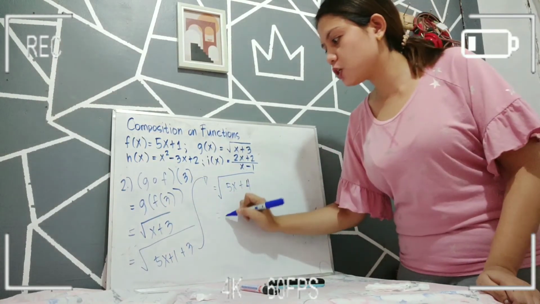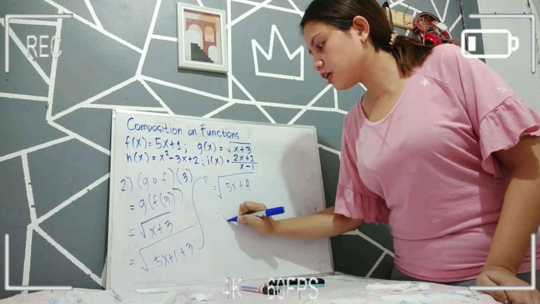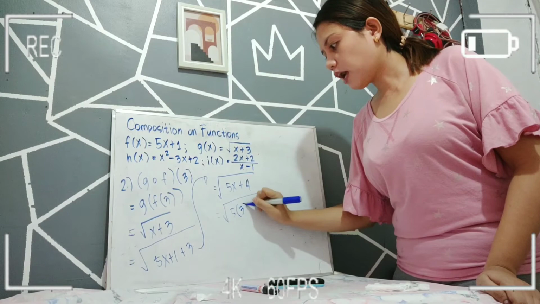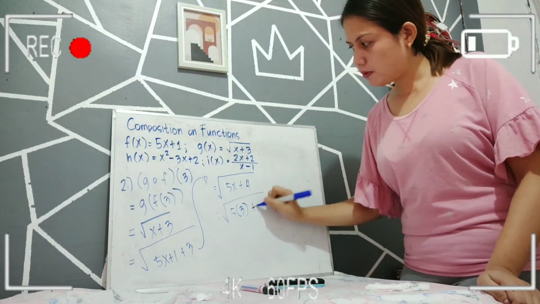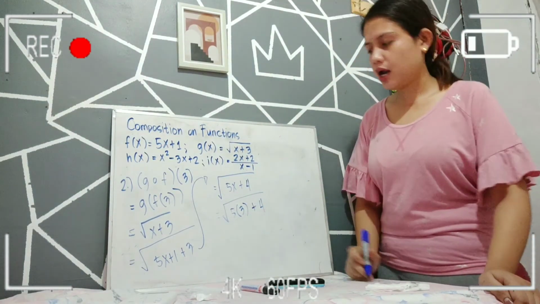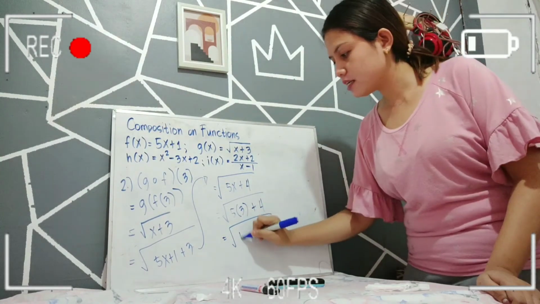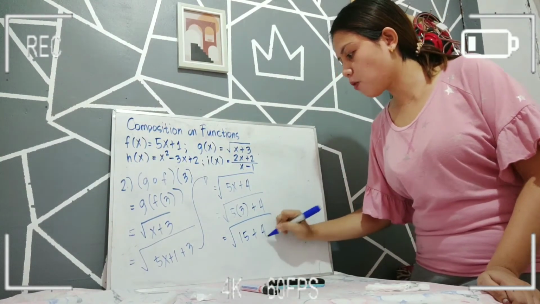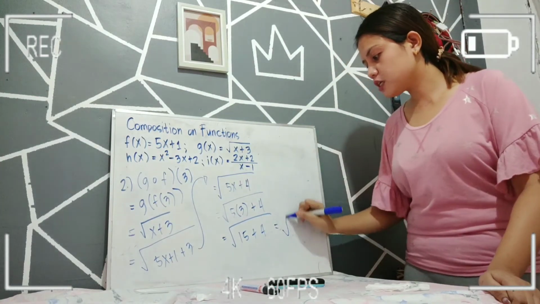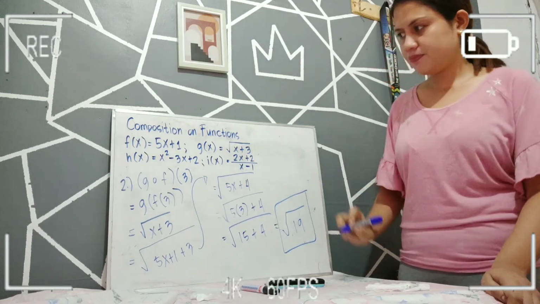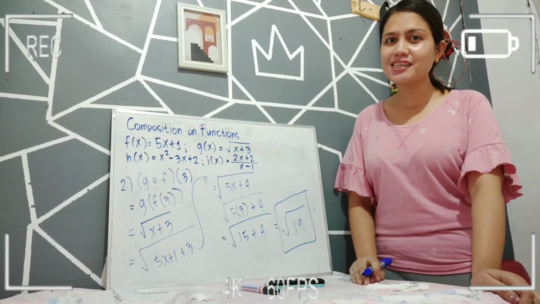Instead of writing x, you change it by 3. So you have 5 times 3 plus 4. So you have square root of 5 times 3 is 15 plus 4 is equal to, what is our answer? It's square root of 19. Do you have any questions?